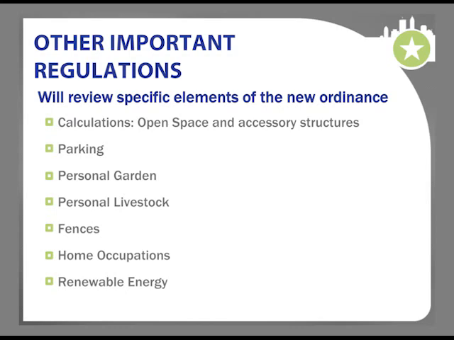We're going to go through the specific elements of these in the new ordinance. You see before you what we're going to cover. We're going to cover some important calculations. I'll highlight some of the changes in the parking requirements. We'll talk about personal gardens, personal livestock, fences, home occupations, and renewable energy.